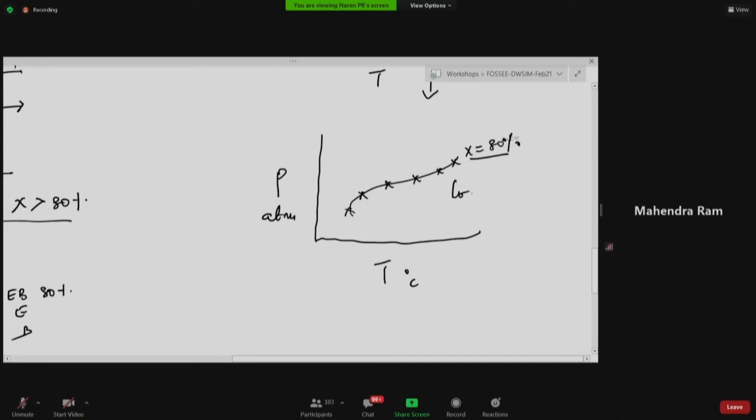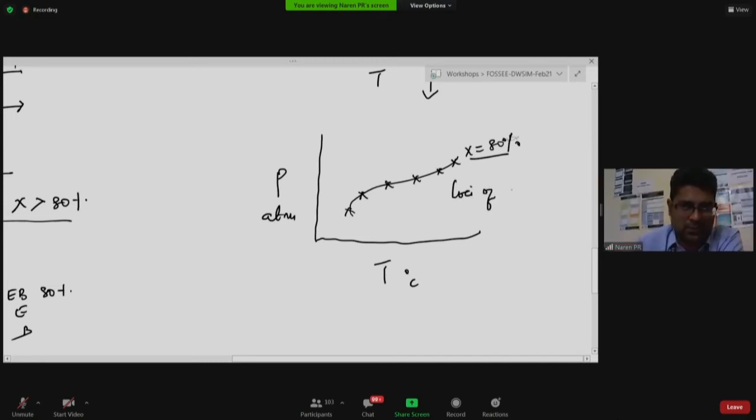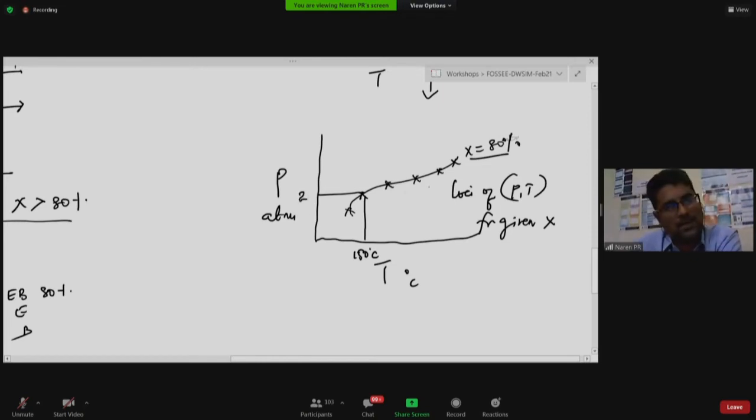Fantastic. So this is the locus of P and T for a given conversion. That means if you use 150 degrees Celsius, probably you have to keep, let's say, 2 bar. But if you use 170 here, maybe you have to keep 2.5 bar.